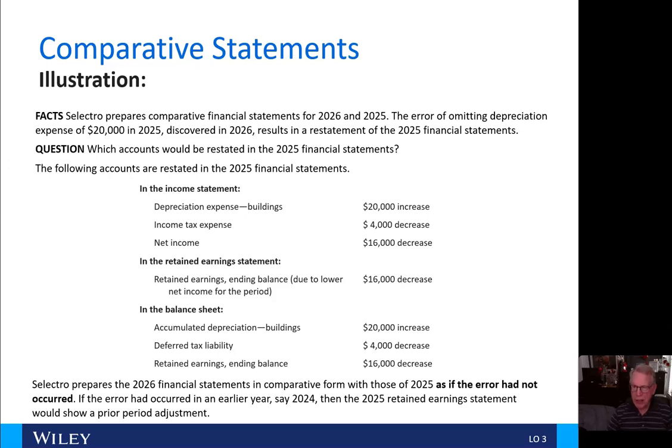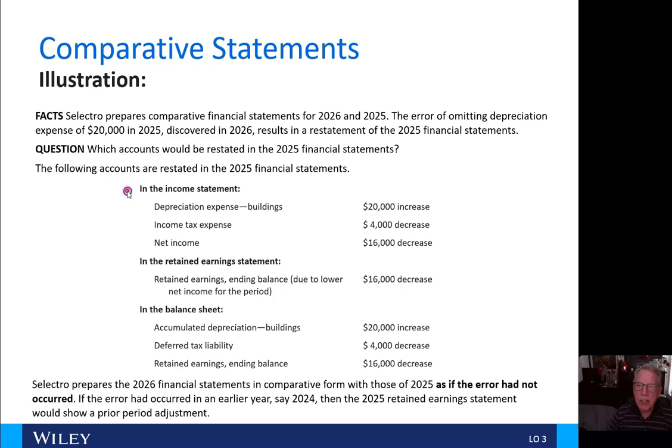The question then is, which accounts would be restated in the 2025 financial statements? Okay, as we look at that, the following accounts are restated in 2025.